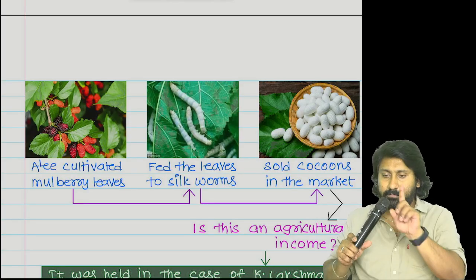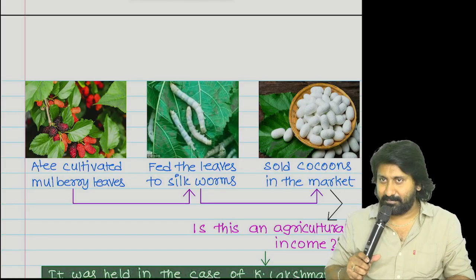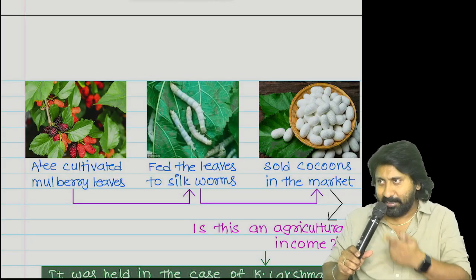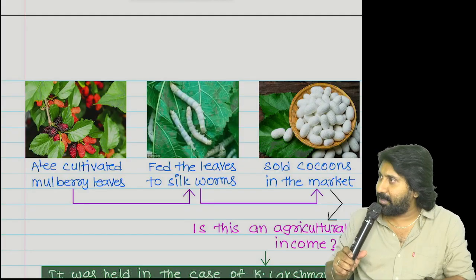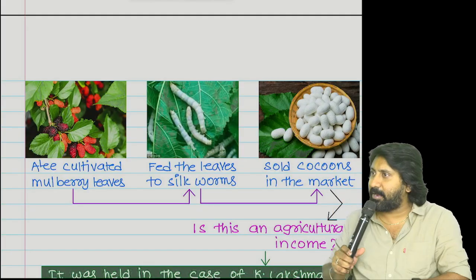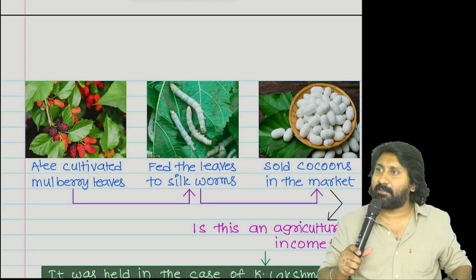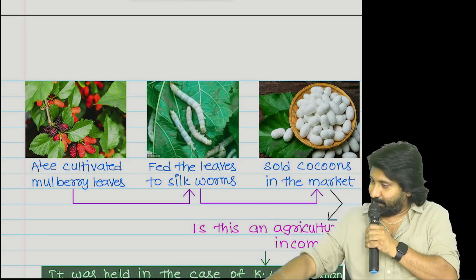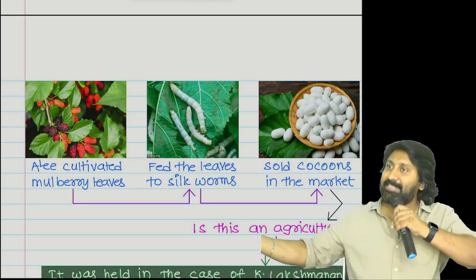Sir, agricultural land, mulberry leaf, silkworm, cocoon, sold. Cocoon is because of mulberry leaf. Mulberry leaf because of agricultural land. Agricultural land, cocoon. Cocoon, agricultural land. Agricultural income.